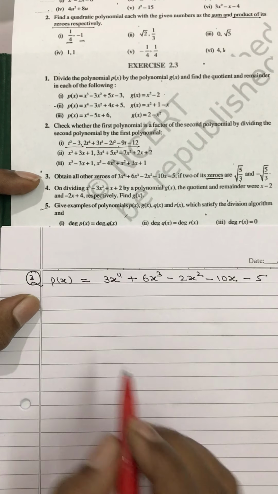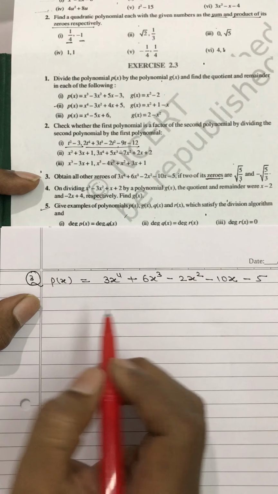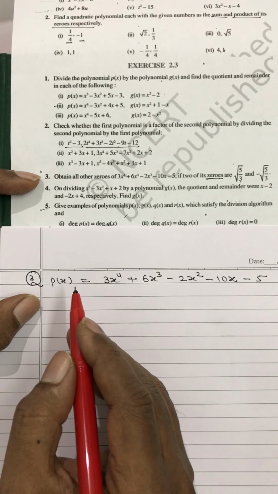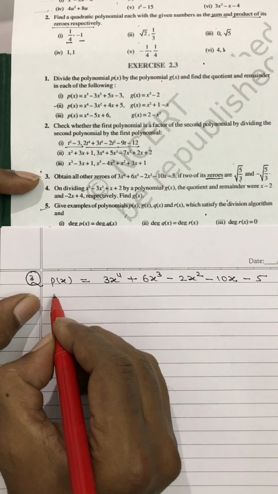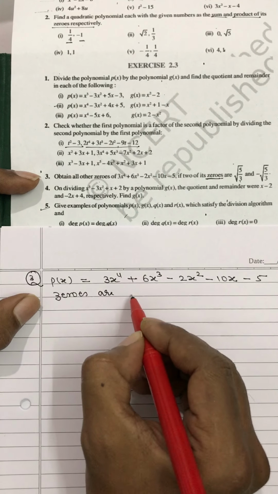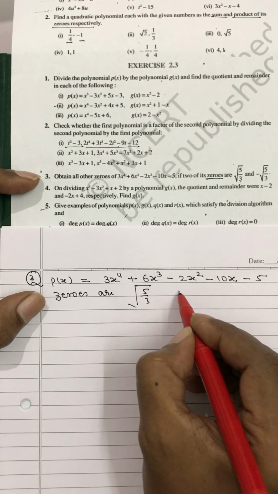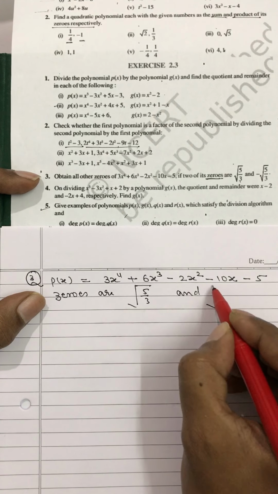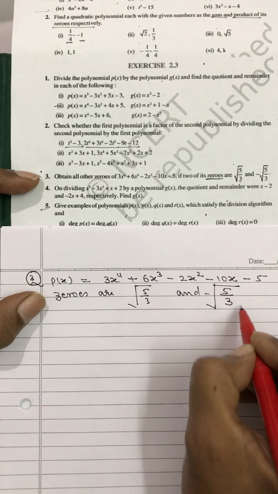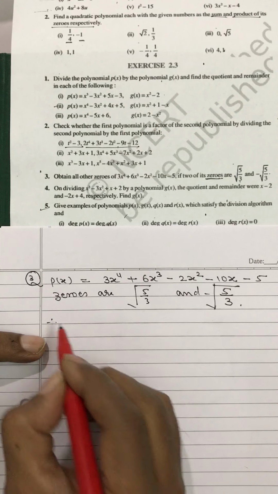Fine. Zeros are root 5 upon 3 and minus root 5 upon 3. See, these are the zeros.